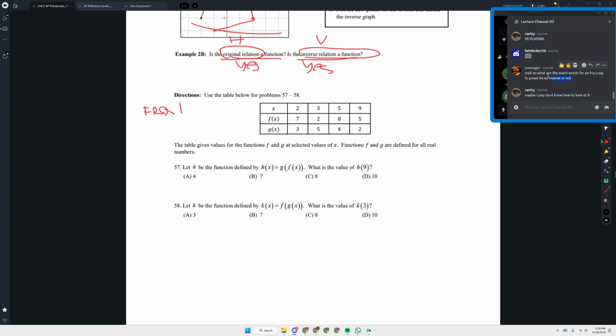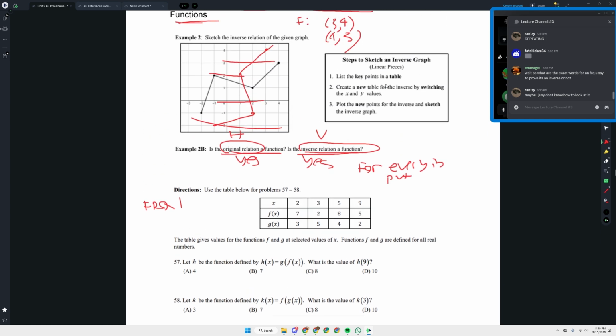To prove if it's an inverse, you would say for every input value, there is no repeat output value. For every output value, there are no repeat input values. That's one way to say it. There may be a better way to say it, and I would personally ask in the AP Precalc channel when I could find a better answer to that.